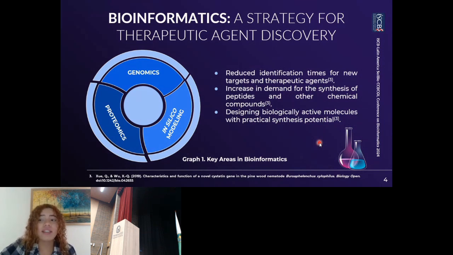Fortunately, advances in genomics and proteomics alongside in silico modeling provide faster identification of peptides and other chemical compounds. Additionally, the search for a certain target or therapeutic agent in bioinformatic databases is a strategy that allows identifying and designing molecules with a high probability of being biologically active and with the facility of being synthesized in practice.